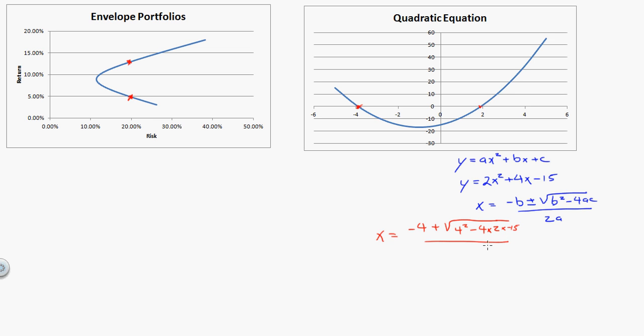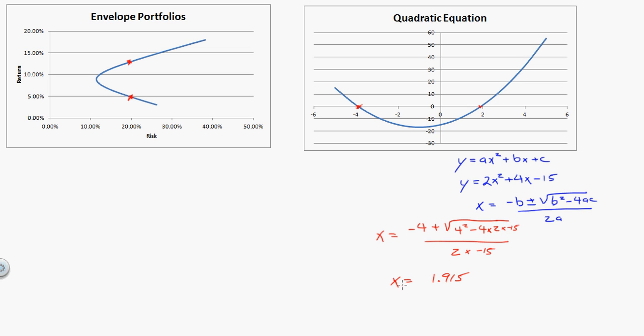All that's going to be divided by 2a, so that's 2 times negative 15. So x will be equal to positive 1.915, which is this point right here. Let me erase that. I don't know how to put the minus.